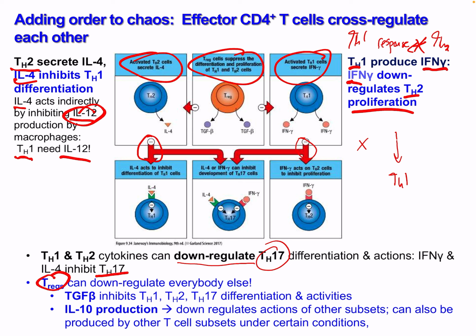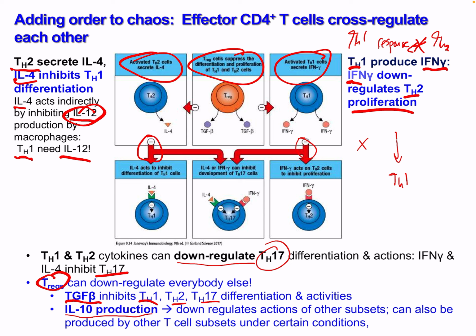Our Tregs can downregulate everything, essentially, because that's their role. And so TGF-beta inhibits Th1, 2, and 17 differentiation and activities. And it also produces IL-10, which downregulates the actions of other subsets, which can be produced by other T cell subsets under certain conditions.